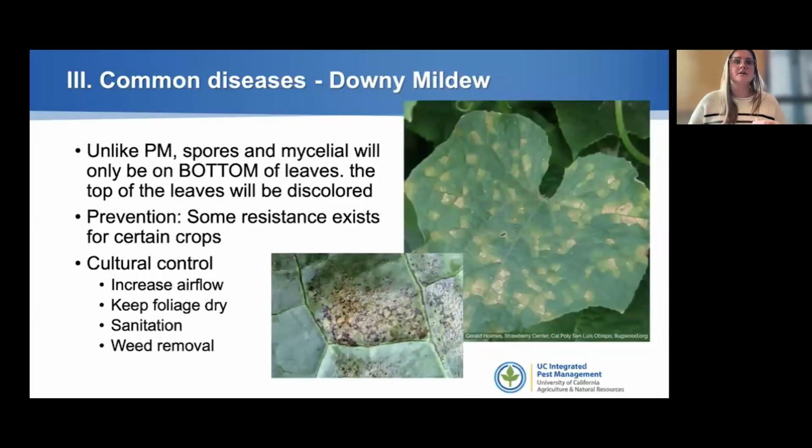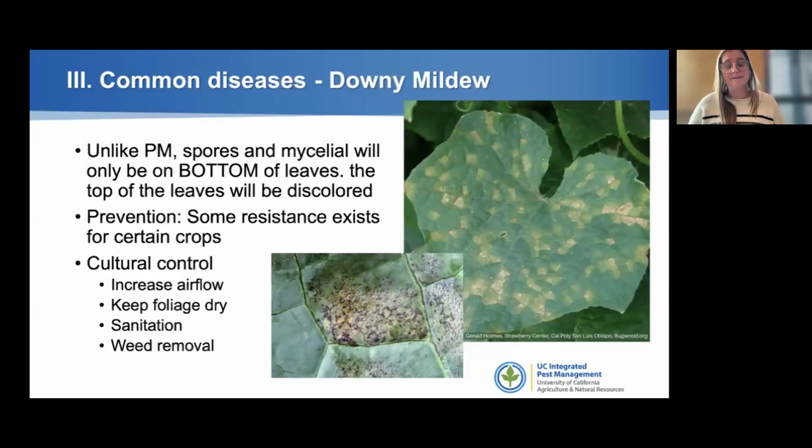Unlike powdery mildew, one important difference is the spores and the mycelia will be only on the bottom of the leaves. And this is because they like the cooler area of the leaf. And so the tops of the leaves may have leaf spotting or chlorosis or necrosis and discoloration.